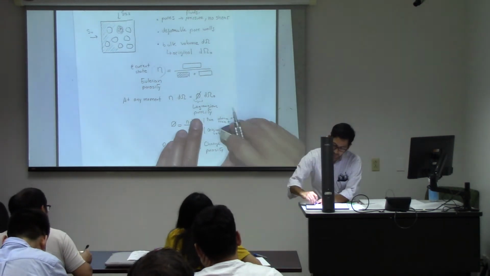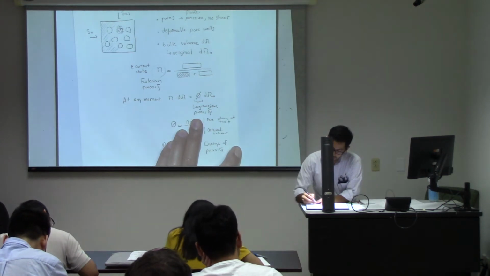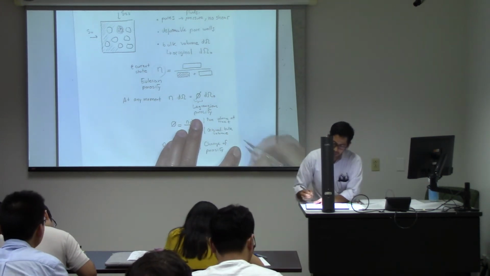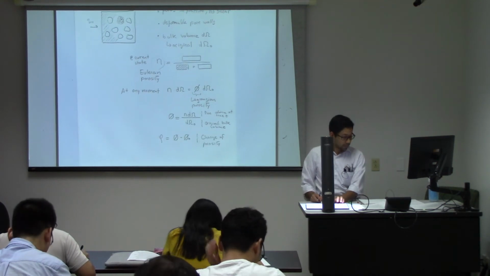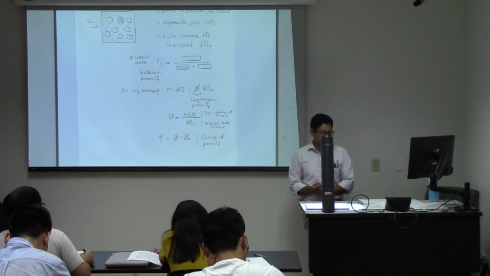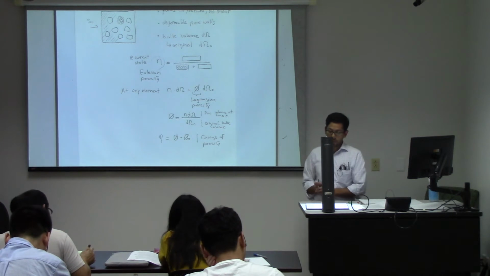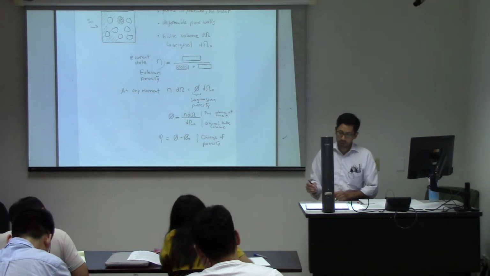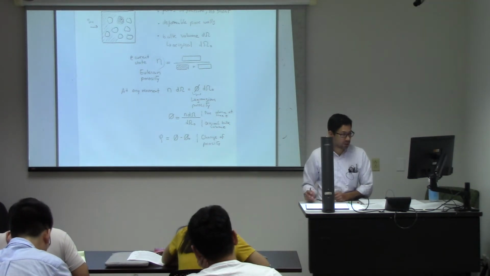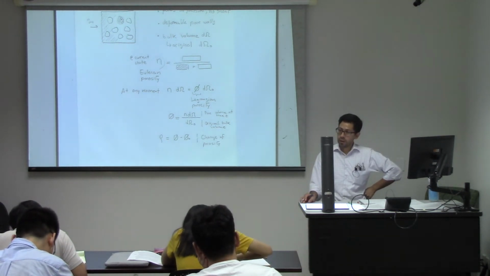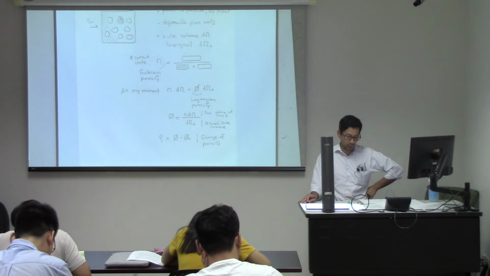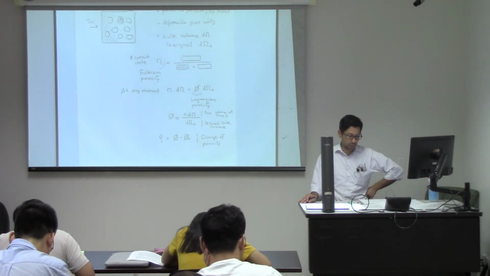Correct. The original bulk volume. Thank you for that. Okay? So we have now defined two new variables: the Lagrangian porosity and the change of porosity. And now we're going to see how this is useful to us.